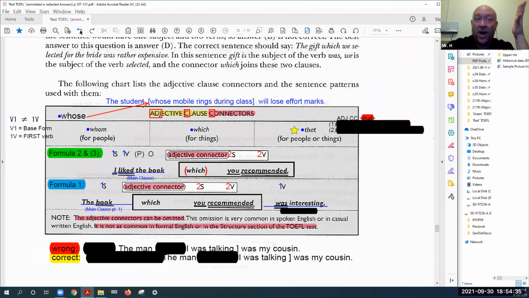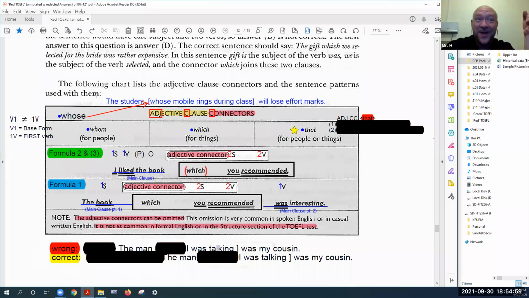So we have two parts, don't we? Main clause part one, main clause part two. What's in the middle section here, Faisal? What's in the middle between the first subject and first verb? Adjective clause. Right. And why do we put it in the middle? To describe the book.